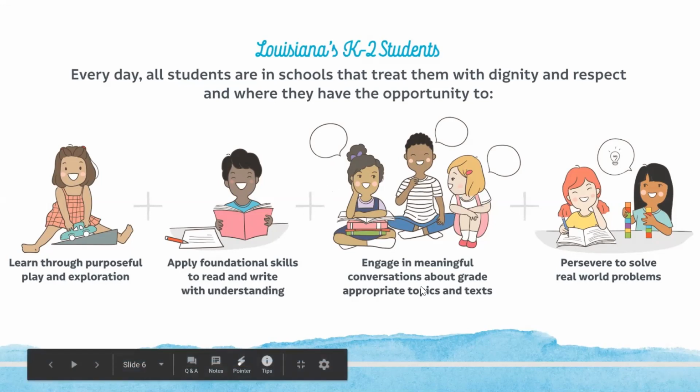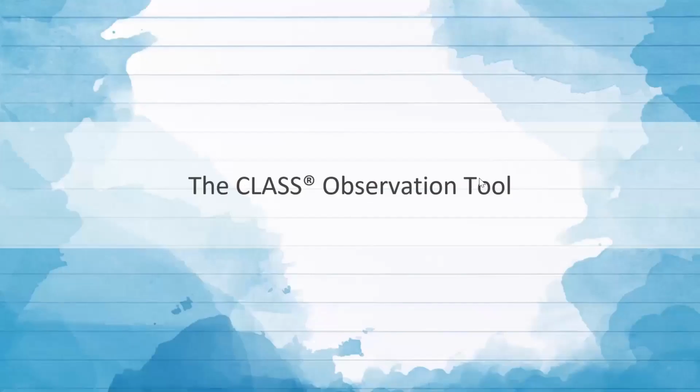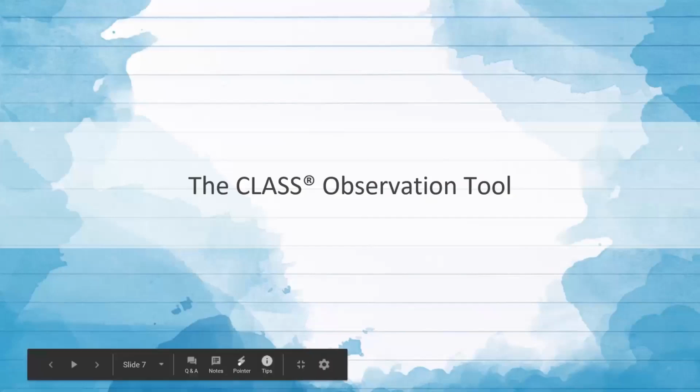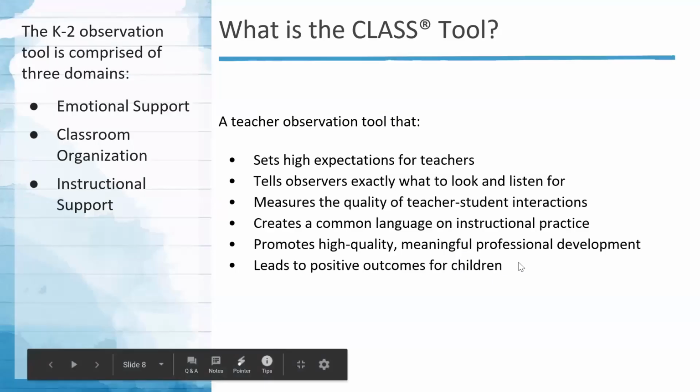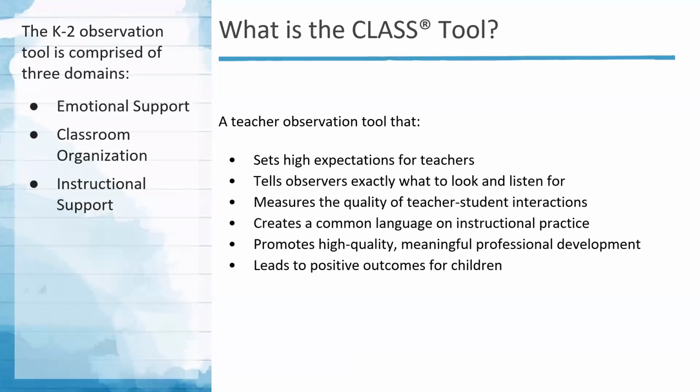And you'll notice even some common language here across the vision and the CLASS tool. So let's take a deeper look at the CLASS observation tool and its domains. Some of you may already be more familiar with CLASS because you've been using it, but let's just dig in and take a quick look at how it works.